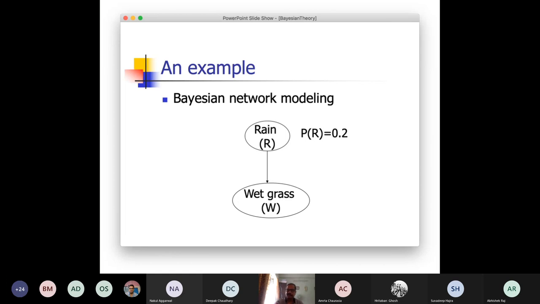Rather, because of the presence of this edge, in this node I have to describe the probability of W given R. That means the conditional probability of wet grass given rain. So that should be described, which means how many minimum values are sufficient to describe the whole probabilities in this case?